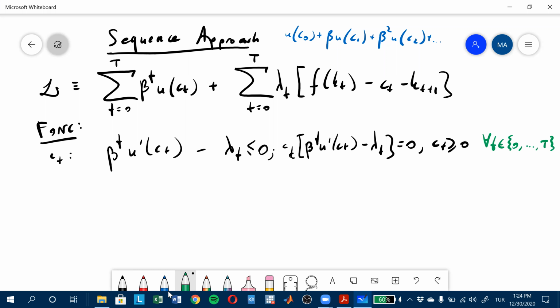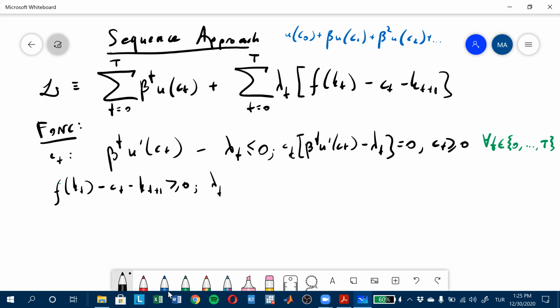Then, of course, I will have the constraints. So let me write the constraint part in this way. You have f(kt) minus ct minus kt plus 1, and this will be greater or equal to 0.